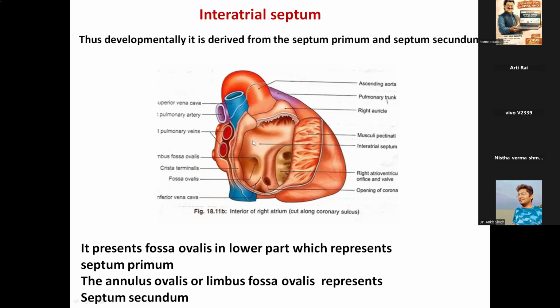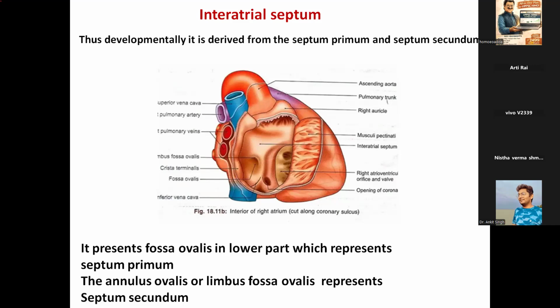On the interatrial septum, you will find two features: the fossa ovalis on the lower portion and the limbus fossa ovalis on the upper portion. The fossa ovalis represents the septum primum, while the limbus fossa ovalis represents the septum secundum.